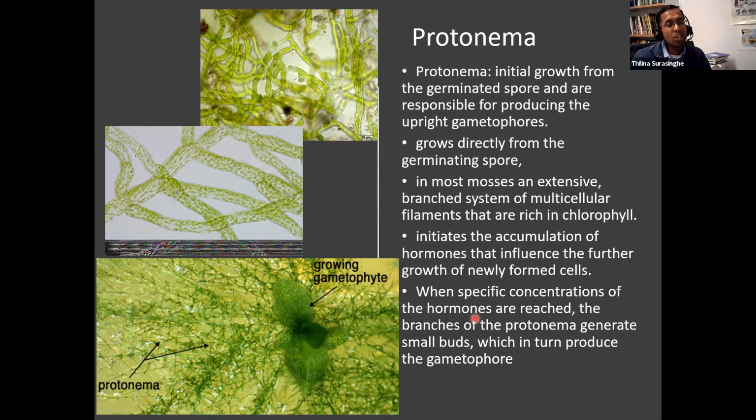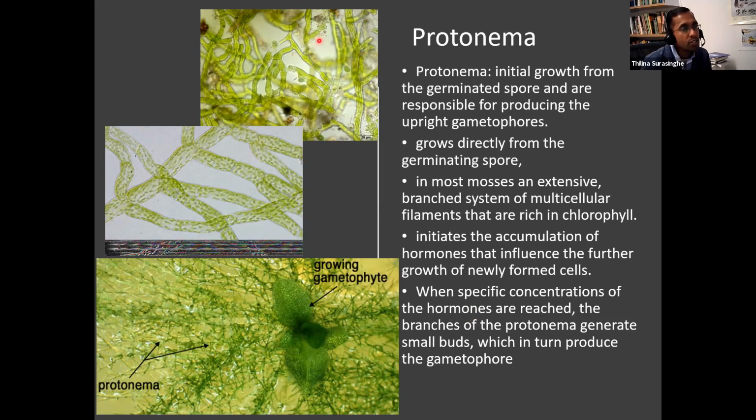The initial growth from the spore is the protonema, and the protonema will continue to grow, continue to branch, and produce more extensive biomass.